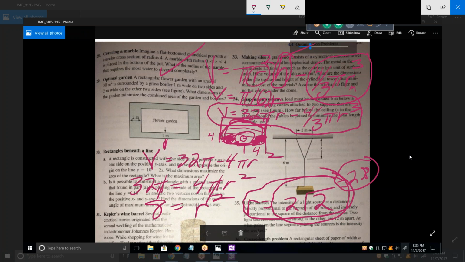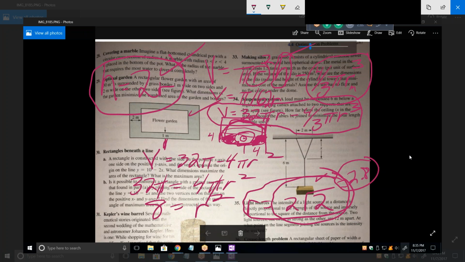And our second equation is h is equal to 2 times the radius of the marble. That has to be true because we're barely covering the marble. So the water has to go up a full diameter of the marble, which is 2 radiuses. Now I can substitute 2r for h and end up with a volume function that is a function of r only, the radius of the marble.